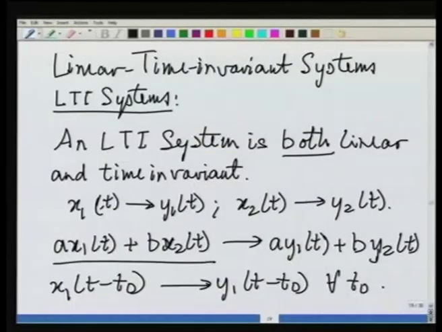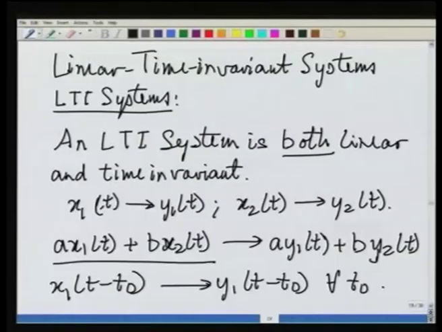It also goes without saying, as we made particular example of with linearity, that these properties must be valid not only for all values of the parameters involved, such as a or b in the case of linearity or t naught in the case of time invariance, but must hold for every input signal or every set of input signals.